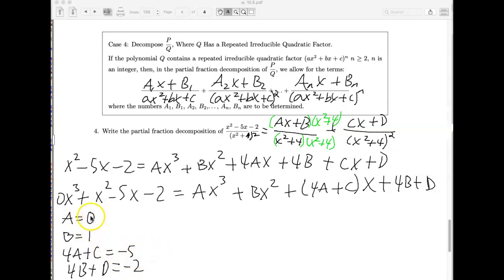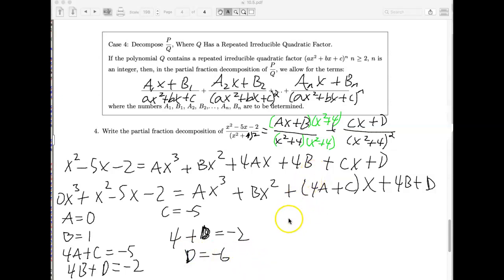Okay, we already have solved 2 of the letters, so 2 more to go. If a is 0, then we have c equals -5. Sweet! So we just need to find d, and b is 1, so 4 times 1 plus d is equal to -2, so d is going to equal -6.